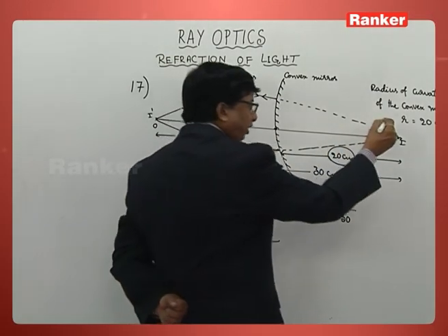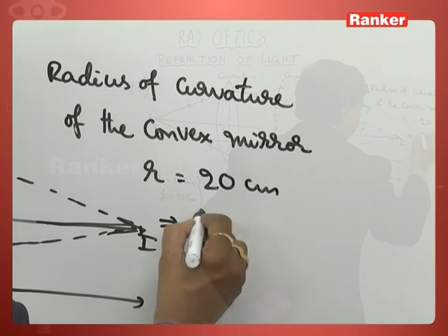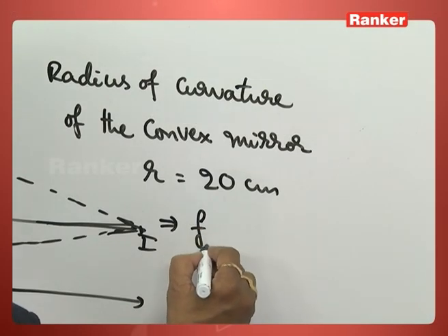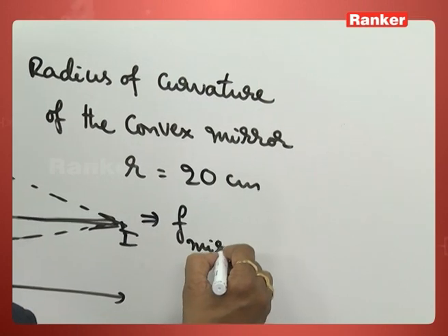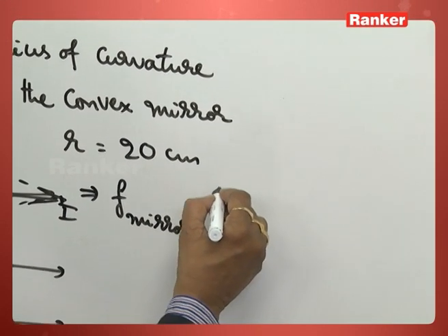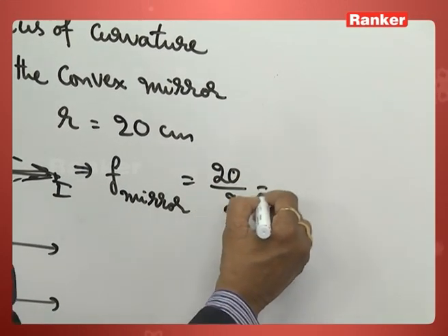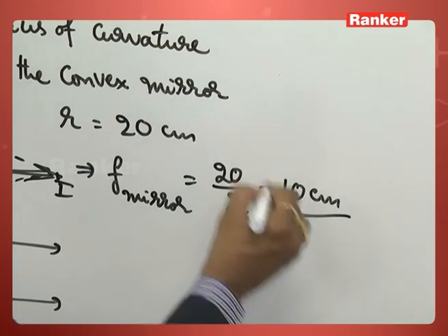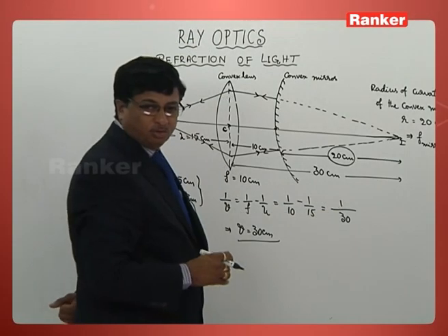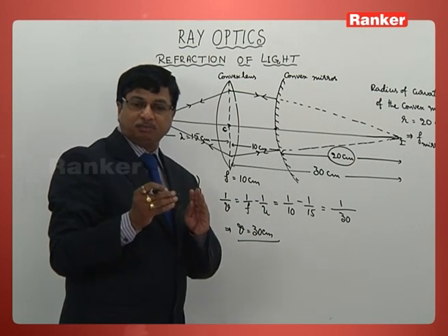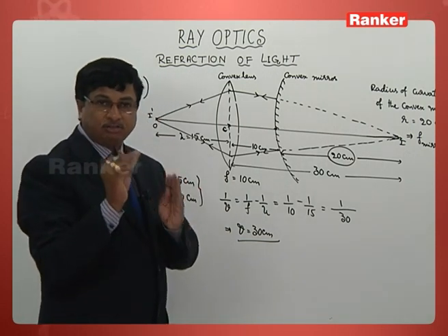If R is to be 20 centimeter, then focal length of this convex mirror must be half of this value. So how much it should now be? 10 centimeter. So what is the focal length of the convex mirror is the question he is asking.